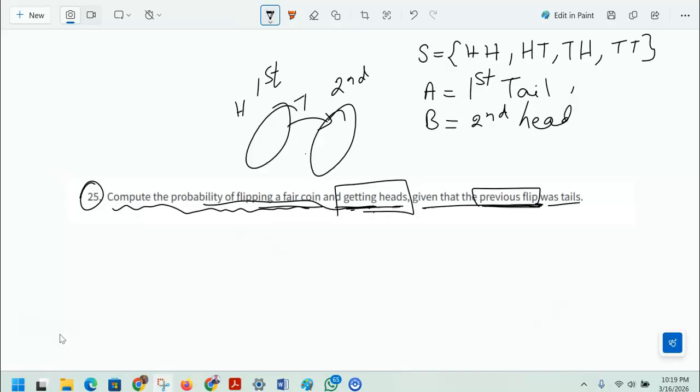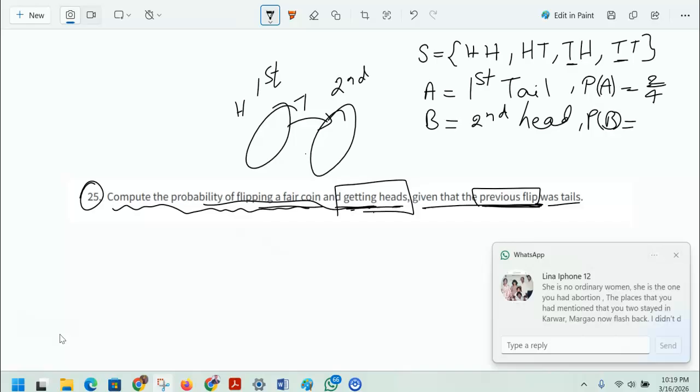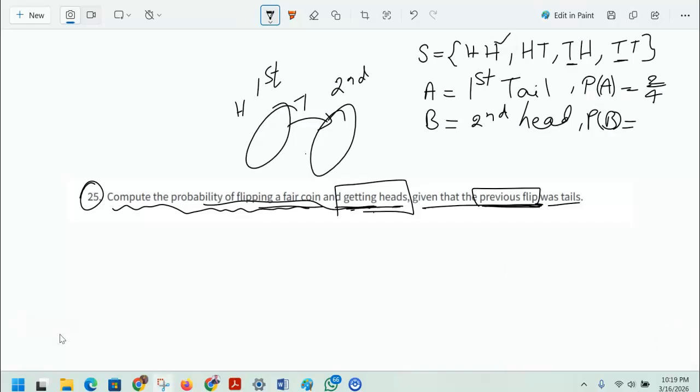Now the probability of A is first tail. You can see the tail is first here and here. That means it is 2 out of 4. And the probability of B, second head, is this and this. So these are two. Again, two out of four.